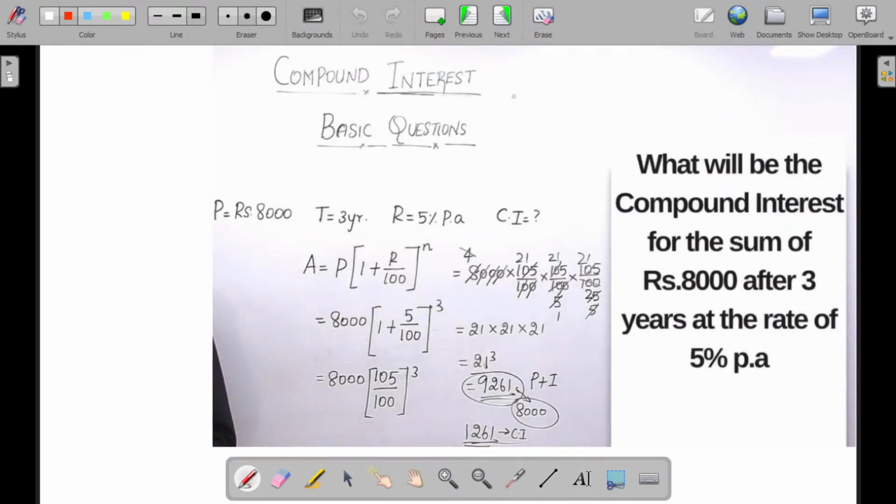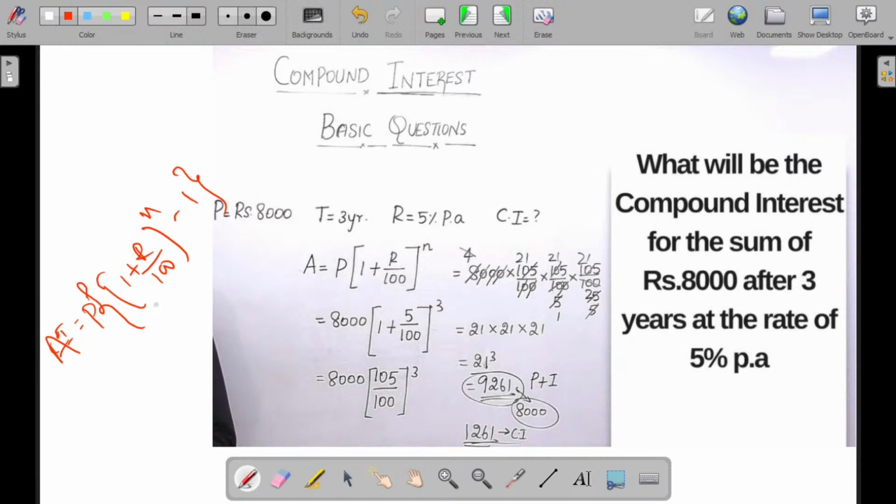With the same problem, we can use the formula of compound interest. What is that? P into (1 plus r by 100) raised to n minus 1.